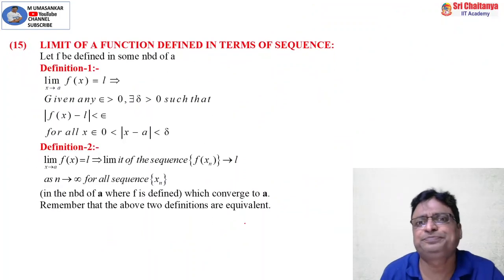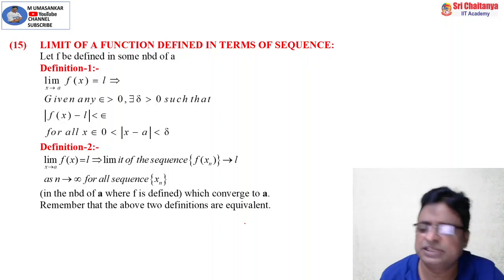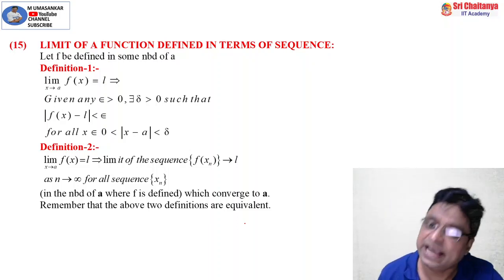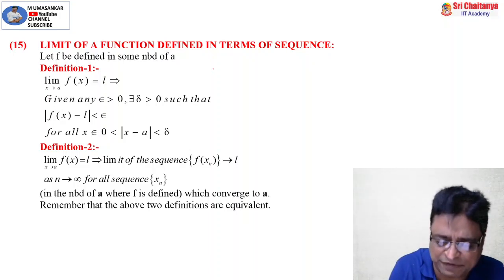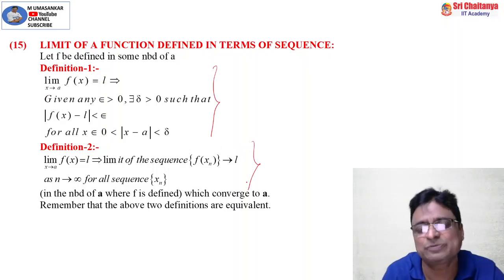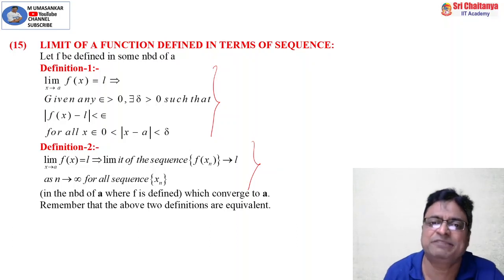And coming to here, I am giving another beautiful definition. This is also Cauchy's theorem or Heine's theorem, I can say. Here I am giving two definitions. Both the definitions are equivalent. That means definition 1 implies definition 2, and definition 2 implies definition 1.